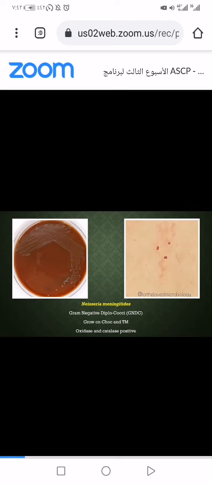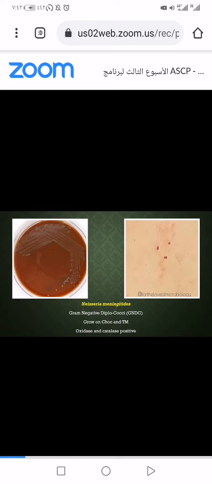Maybe you'll not see it in the Gram stain, but you will get it, of course, on the chocolate. This one and Hemophilus look similar. You do oxidase, it's the same; catalase, the same.